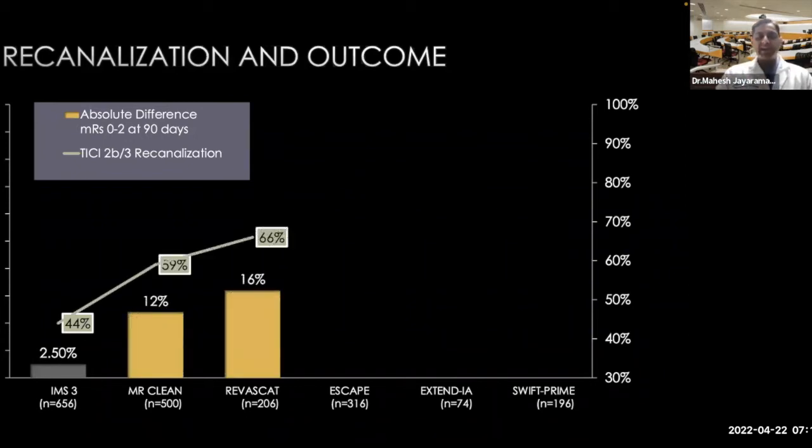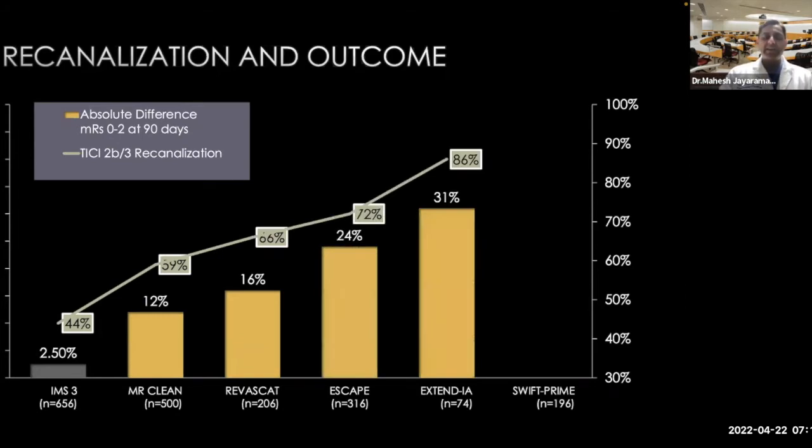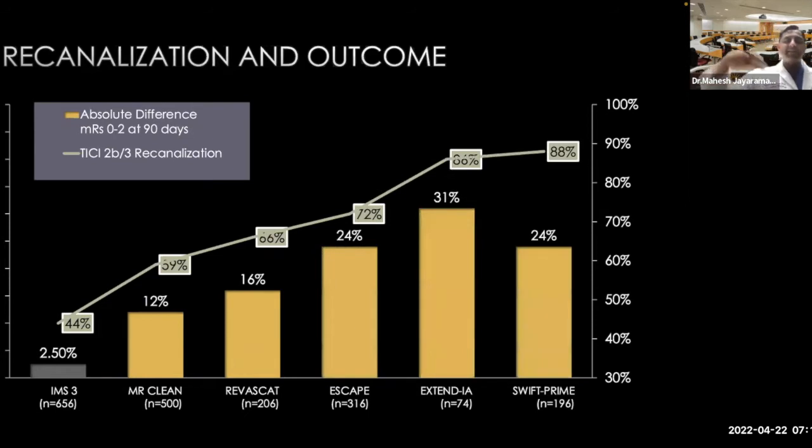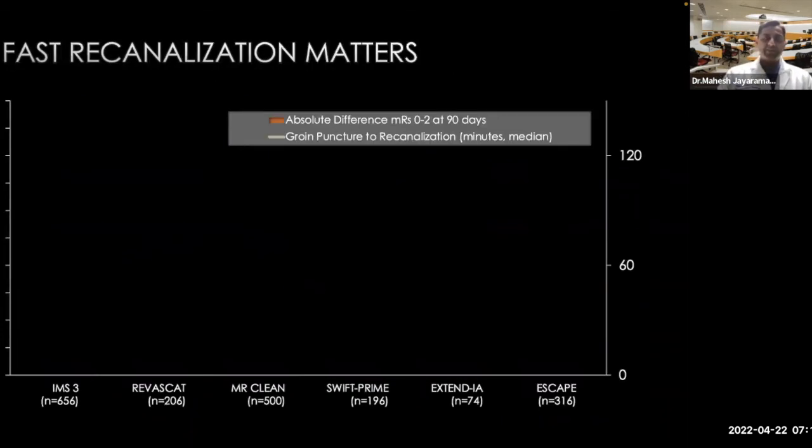MR CLEAN and REVASCAT had slightly higher rates of recanalization, and therefore they had a positive trial, but the absolute differences were lower. And ESCAPE, EXTEND-IA, and SWIFT PRIME had even higher rates of recanalization. And you can see very nicely that as the likelihood of achieving near complete recanalization increased, the likelihood of a good outcome increased.